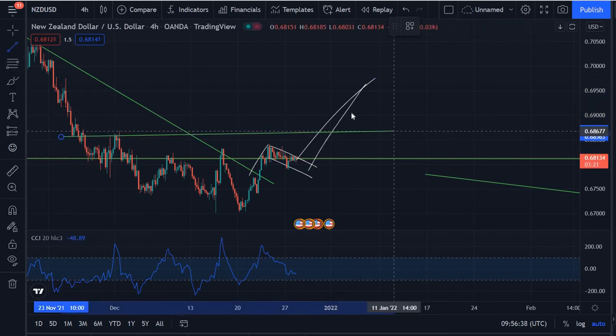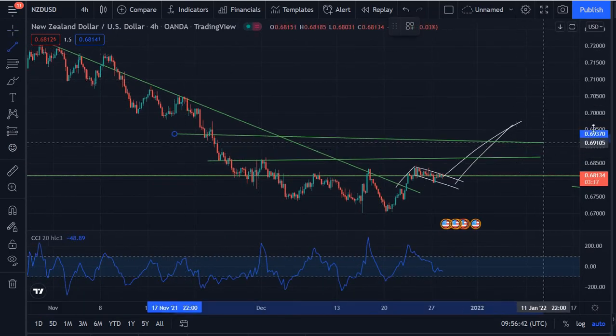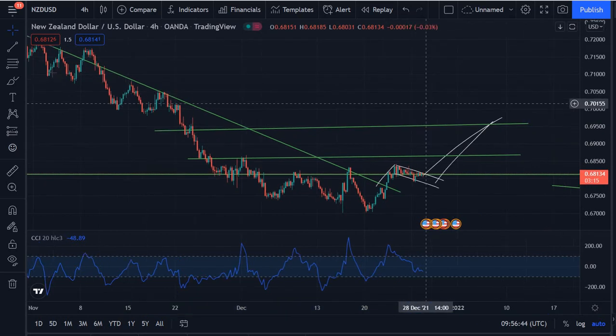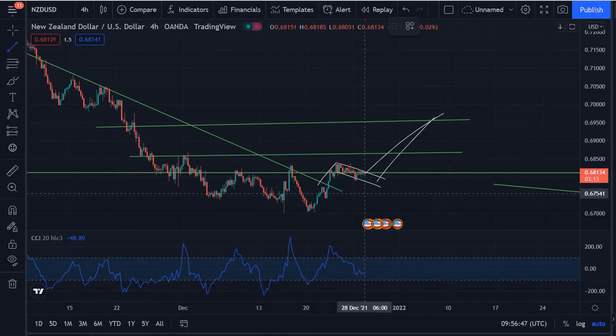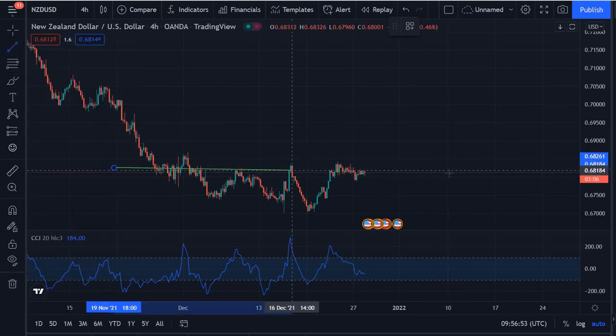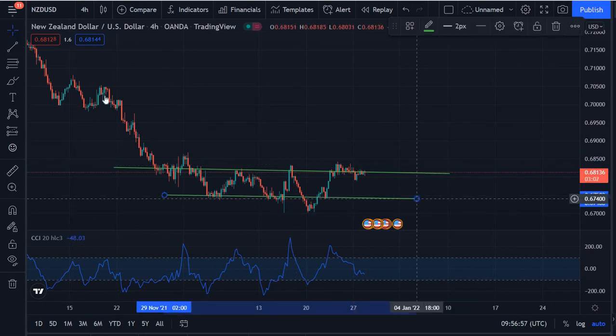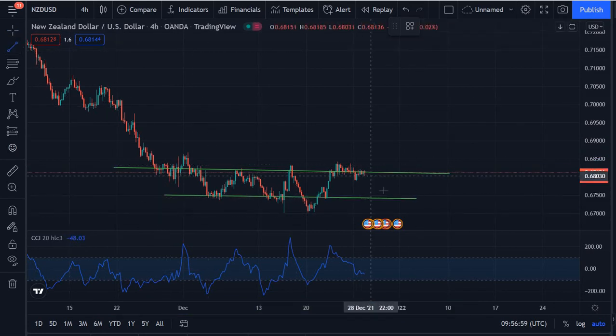Well, here next target, and then the next one would be around here. Or if we get rejected here and pull lower, since here is kind of a resistance zone, here a support zone, so we could also head lower on the 4-hour chart.